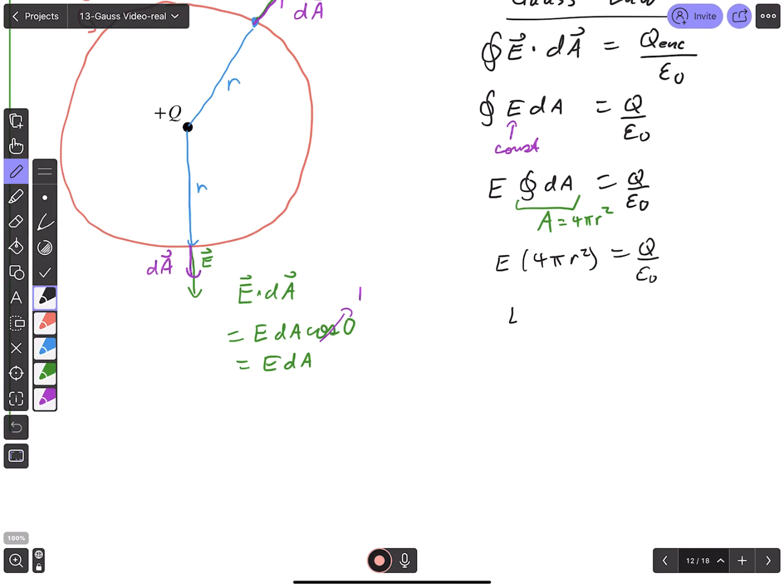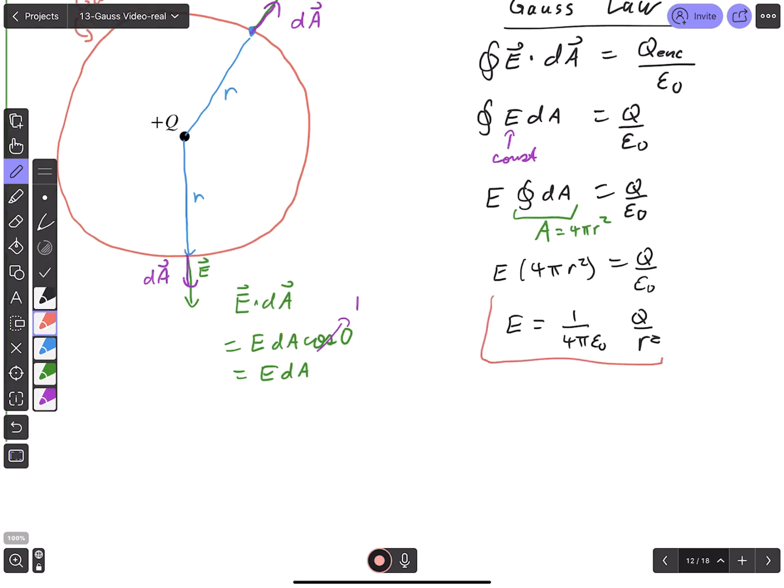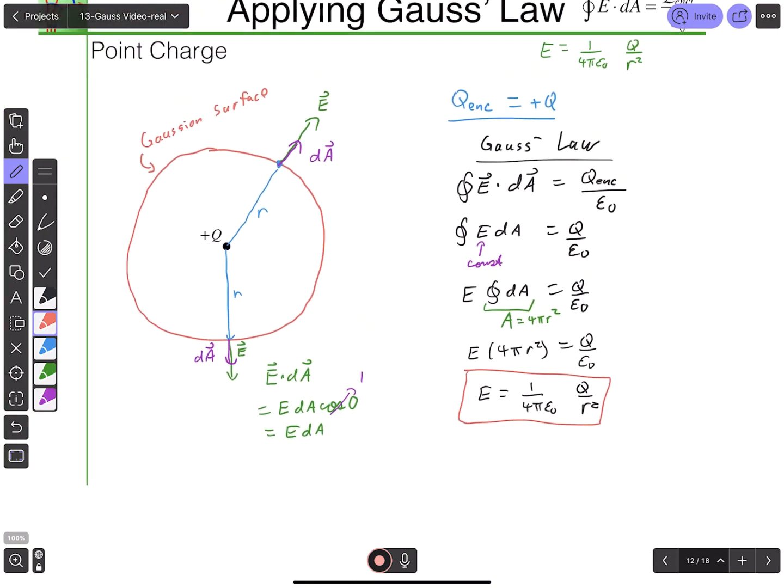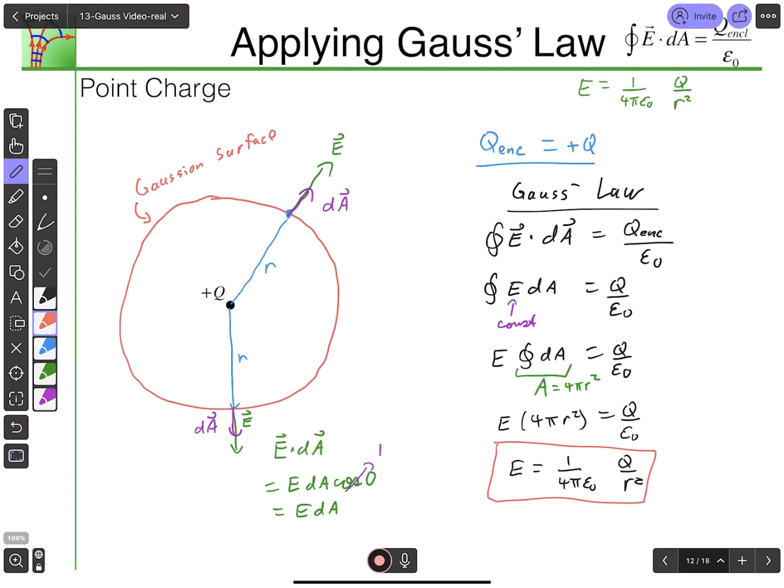Solve that for E. I'm going to move things over. E is equal to 1 over 4 pi epsilon naught Q over r squared. And we have now our electric field due to a point charge. Nice and easy.